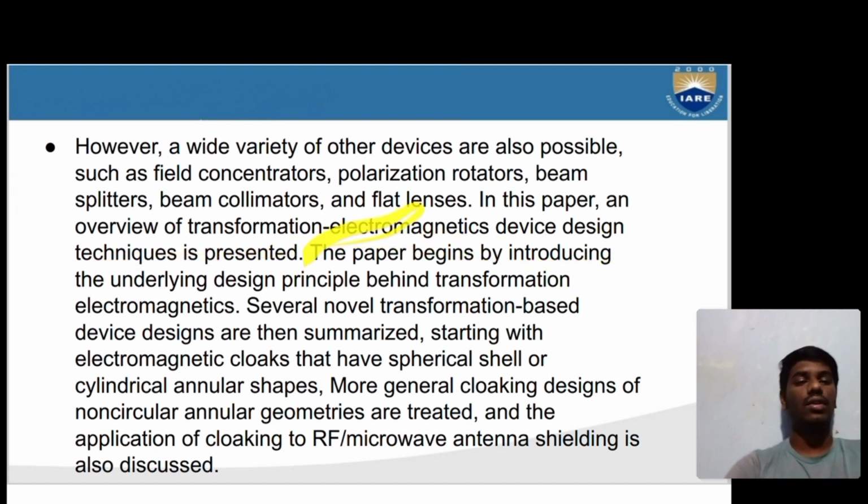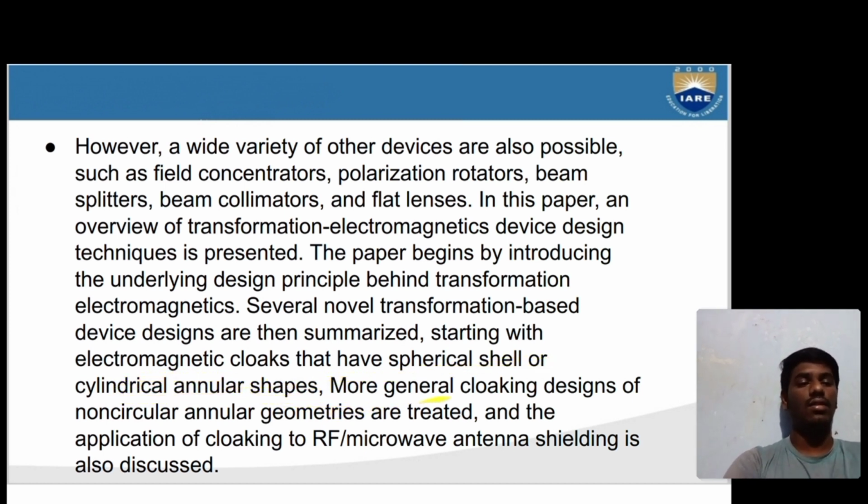This Tech Talk video begins by introducing the underlying design principle, transformation electromagnetics. Several novel transformation-based devices are then summarized, starting with electromagnetic cloaks that have special shell or cylindrical angular shapes.